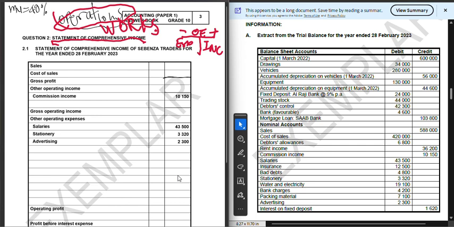Remember that the last step for grade 10 in the accounting cycles is called financial statements. So there are 3 financial statements. Actually, there are 4. We've got notes to the financial statements. We have got your statement of comprehensive income. You have got your statement of financial position, and then you have got your analysis and interpretation of the financial statement.